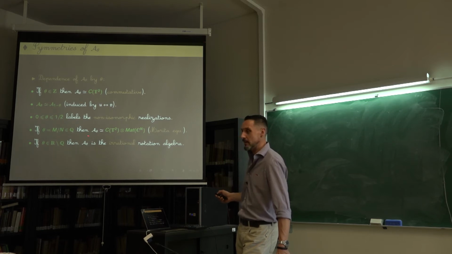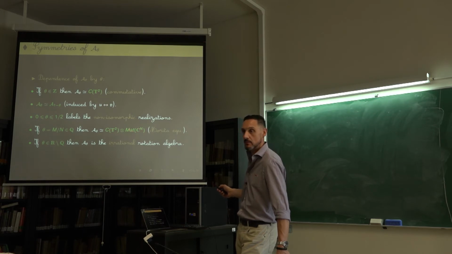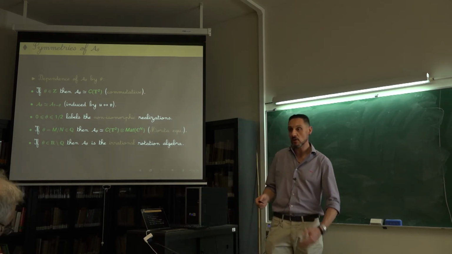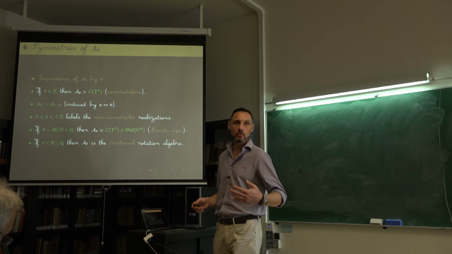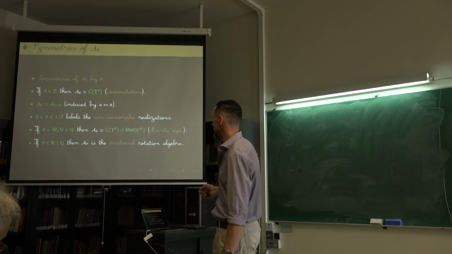There is another result that I will use in this talk. When theta is a rational number, this algebra is just an algebra of functions over the two-torus with values in the n by n matrices. This algebra can be represented as continuous functions over the torus with values in the n by n matrices.